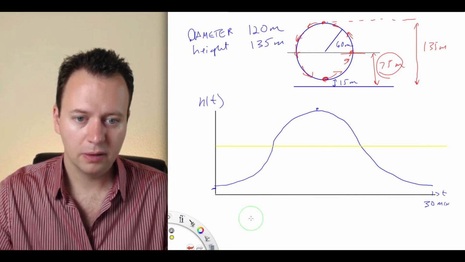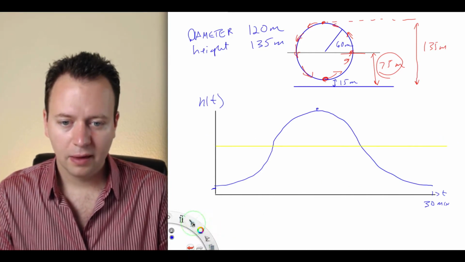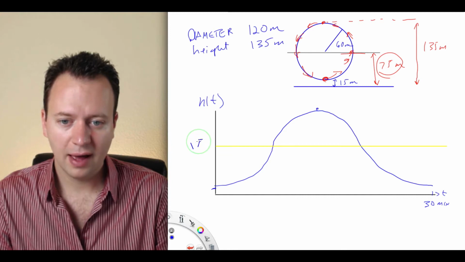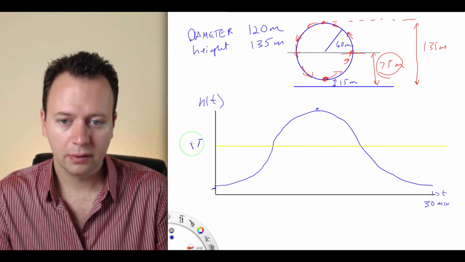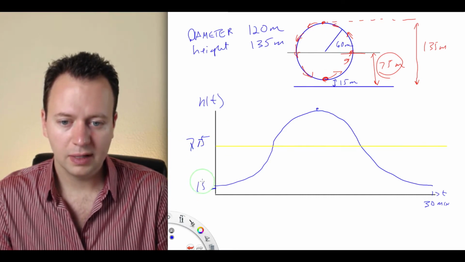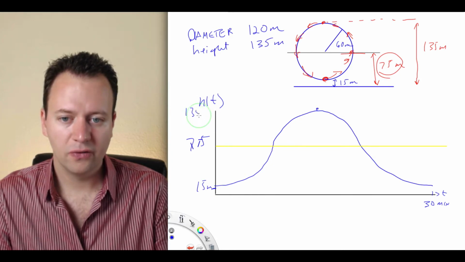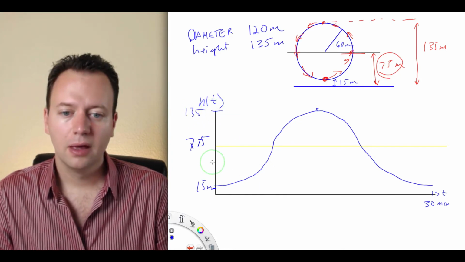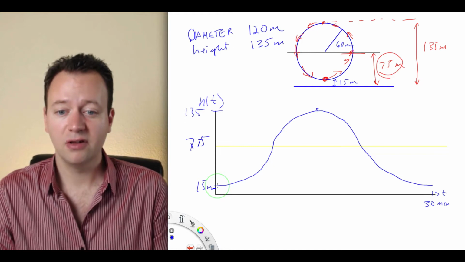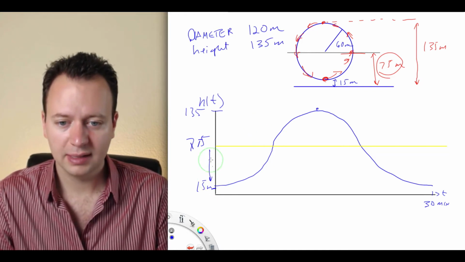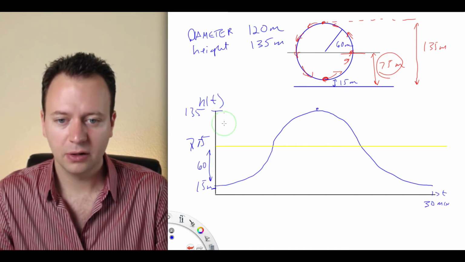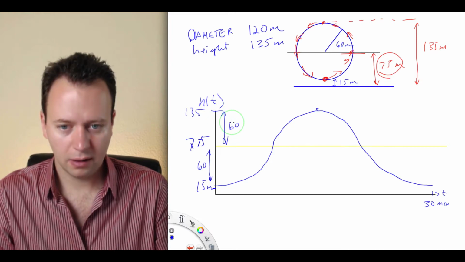So there's the midline, which is going to be 75 meters, 15 meters at the bottom, and 135 for the peak. So the midline is 75 and the amplitude is 60. We have 60 meters there and 60 meters there.